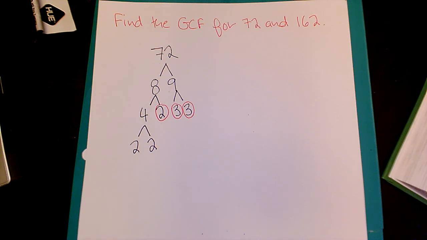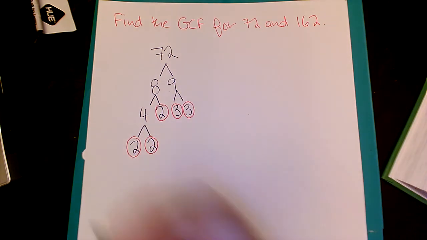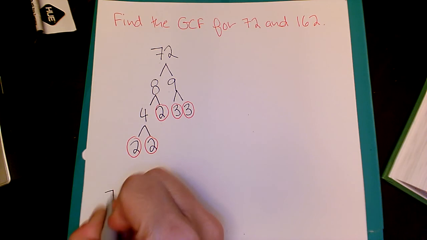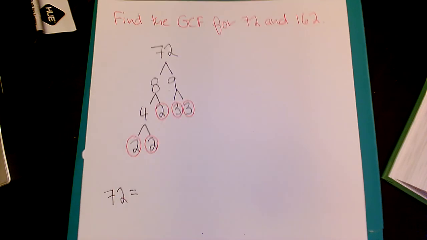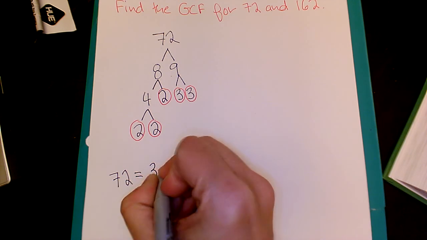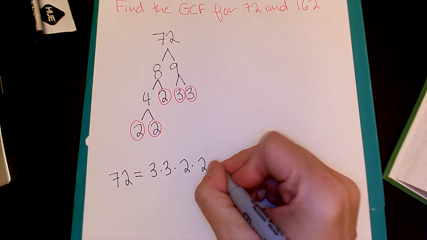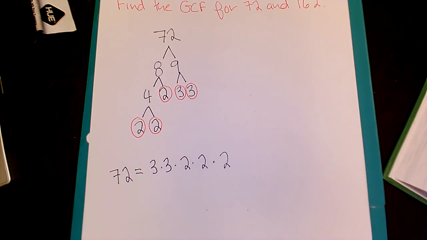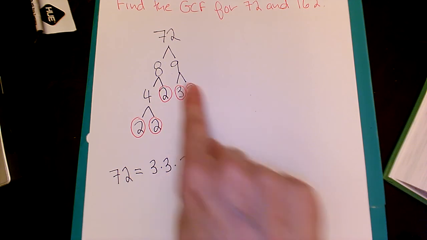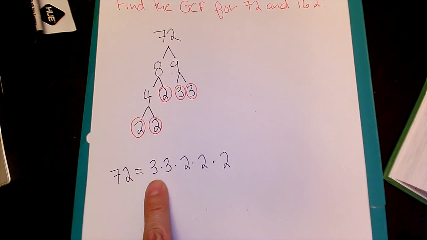And I know from up here 2 is prime, so okay, 72 is equal to, let's see, 3 times 3 times 2 times 2 times 2. I'm just putting the numbers circled in red down here. So I've got two 3s and three 2s.